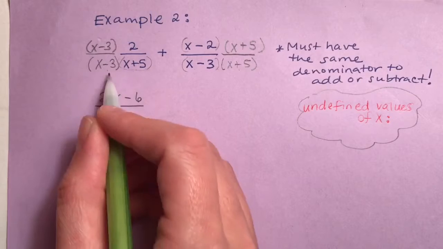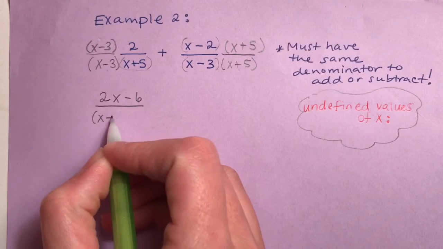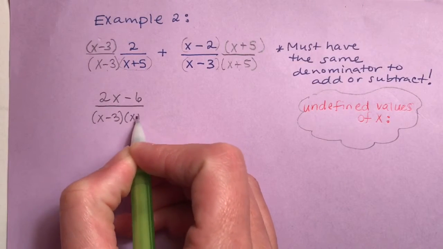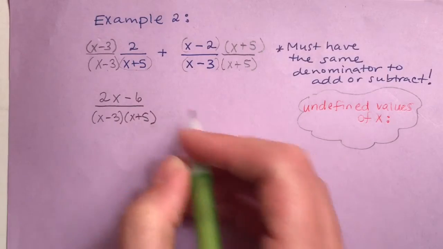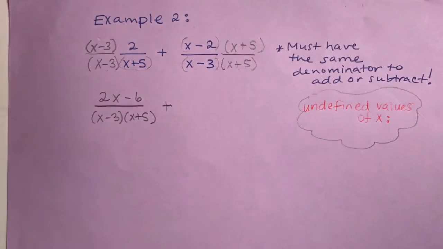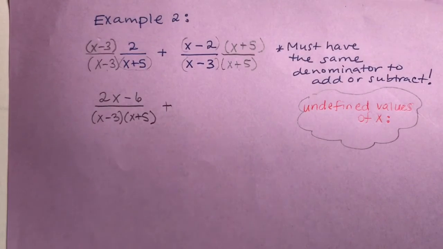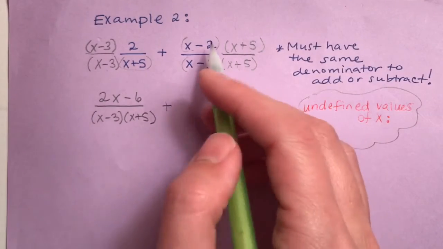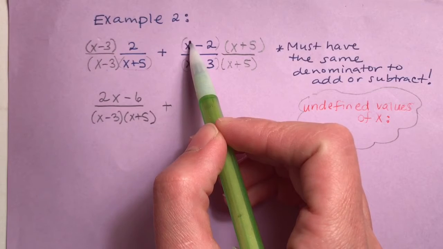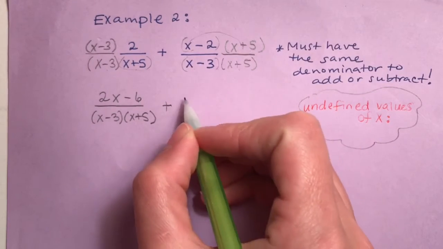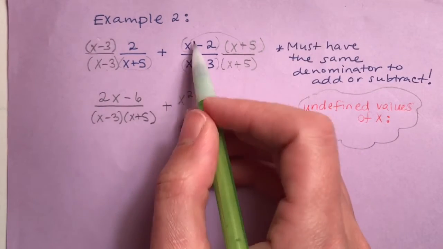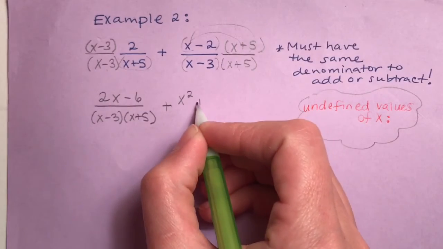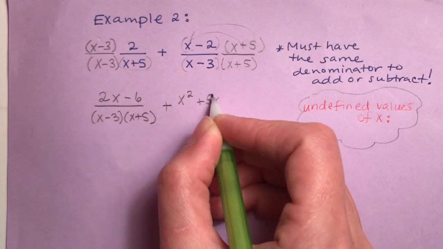And then in the bottom, I've got just the same, x minus 3 times x plus 5, plus, and then on my other side, while I've got 2 of these, I need to multiply together so I can distribute or multiply. So x times x would be x squared. X times 5 would be plus 5x.